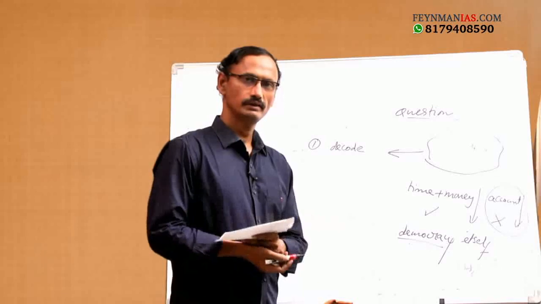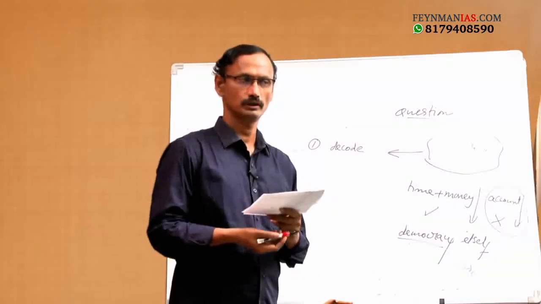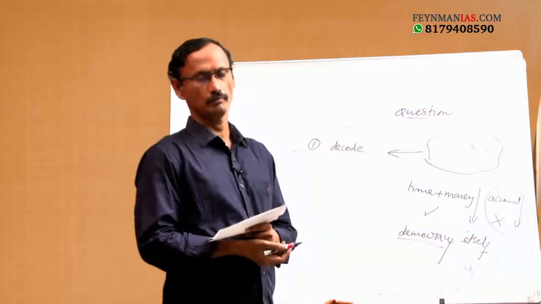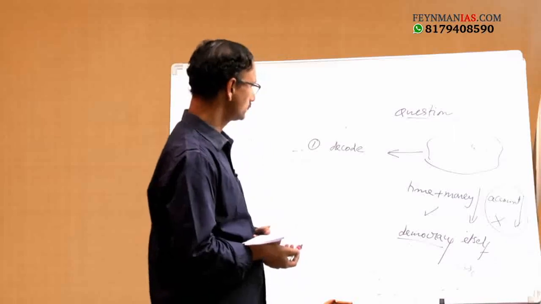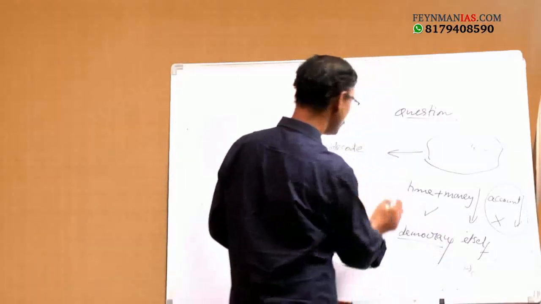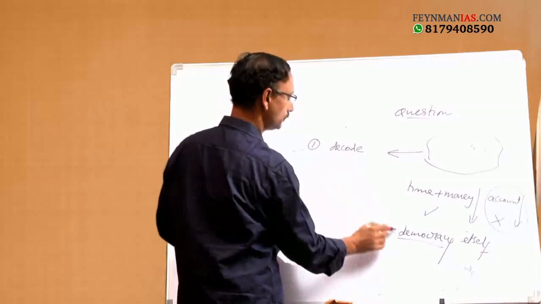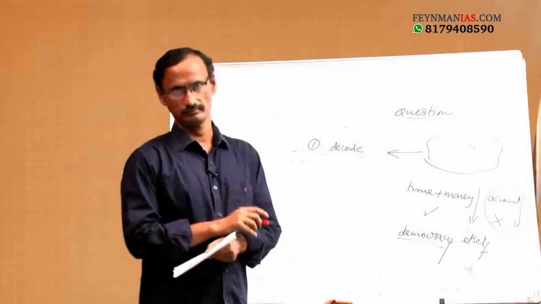So definitely it affects accountability. If you are trying to impose a particular schedule in a parliamentary democracy, it really doesn't make much sense. So first, decode. Decoding means simplifying. Okay.